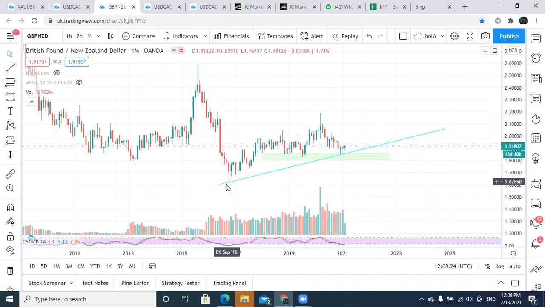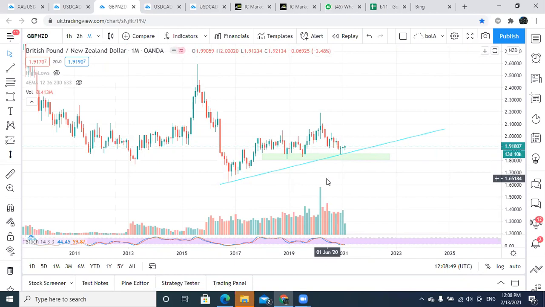But look at this. We have this low, we have this higher low, we have another higher low. Okay. So this is a failure to go down lower, a failure to go down lower. And then we now have the third or fourth failure to go down lower. This has finalized the story, whether you like it or not. For me personally, I want to be a buyer of the pound against the New Zealand going forward.